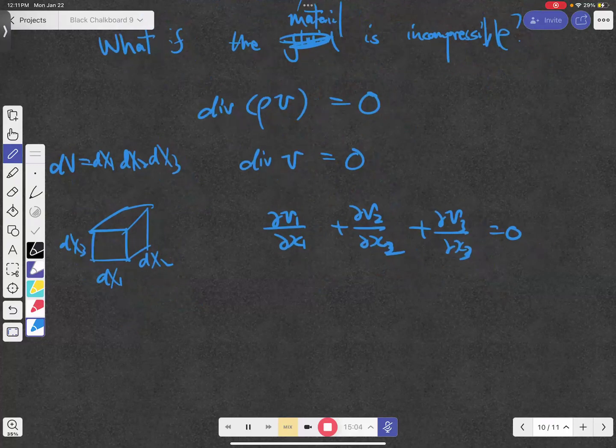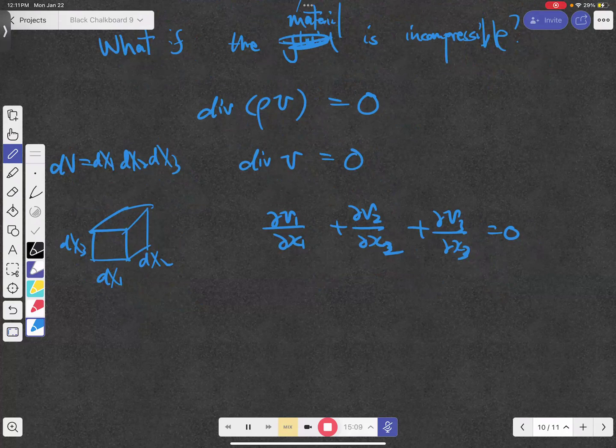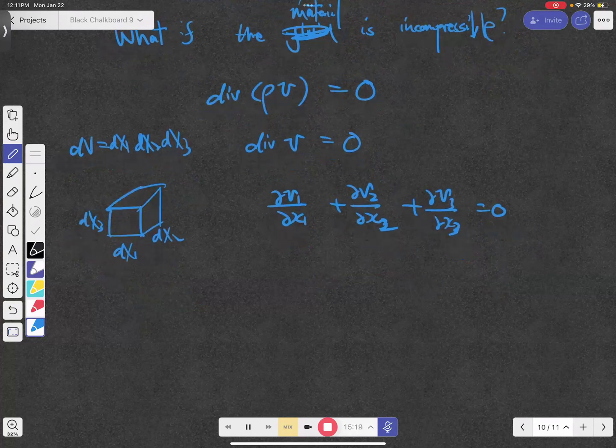So from your undergraduate course, what is the other name of the partial derivative of v with respect to x1? This is the strain. I hope you still remember what the strain is.